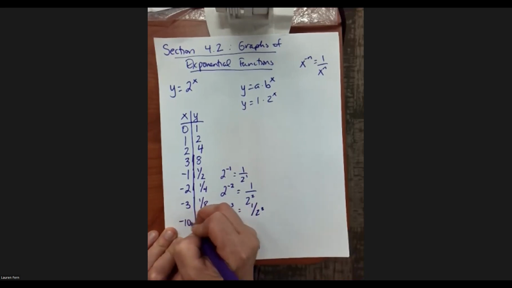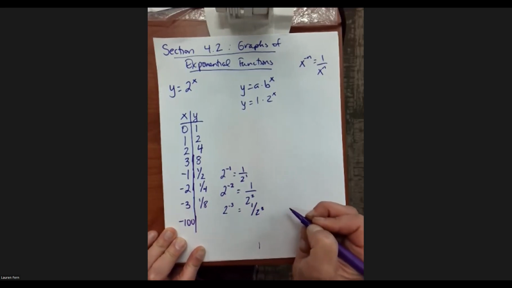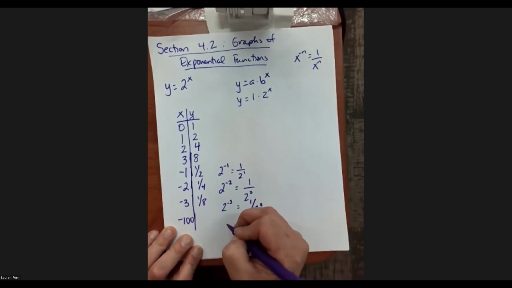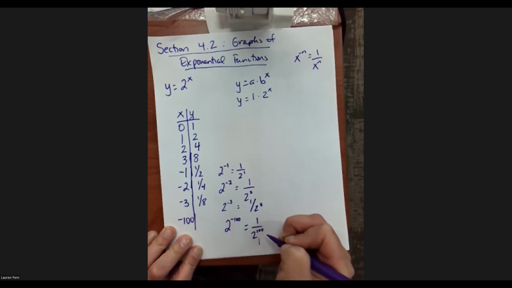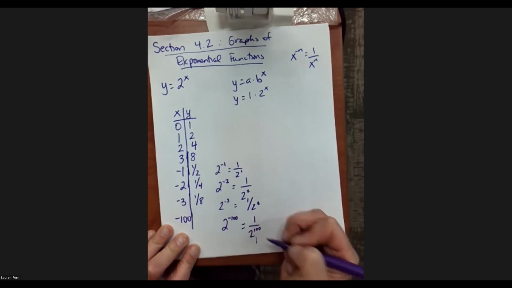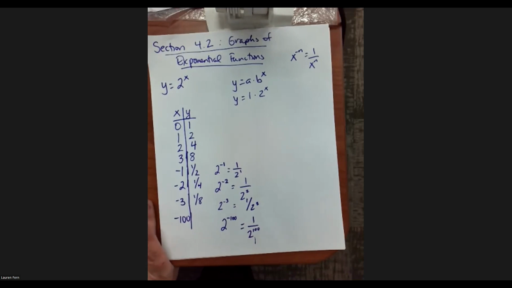What if I plugged in like -100? Wouldn't we get 2 to the negative 100 power? Isn't that 1 over 2 to the 100 power? Which is, I'm not sure, but it's a teeny, teeny, tiny number.